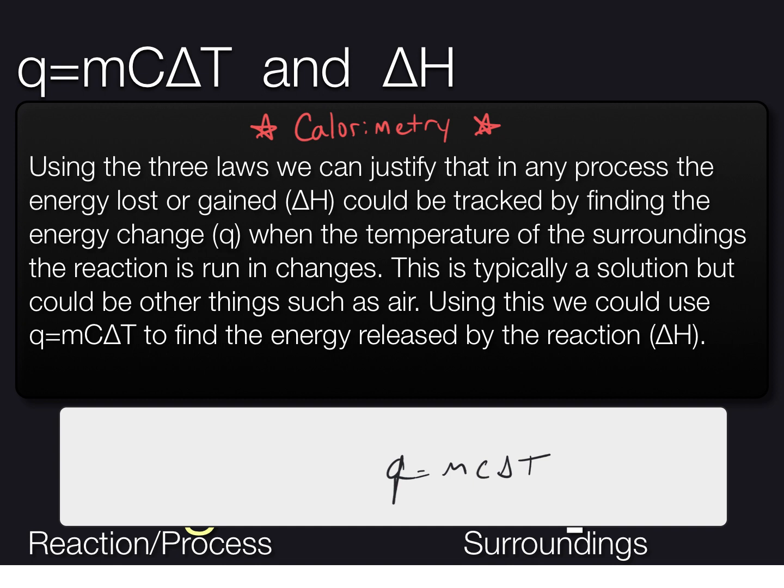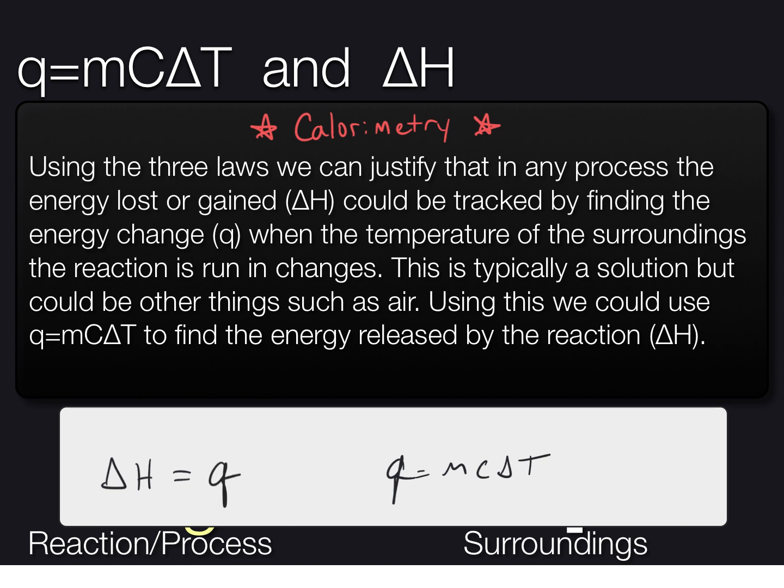And so if we can treat delta H and Q similarly, then in a situation where a reaction loses or gains energy, we'll call that delta H. Well, we know that the energy lost or gained by a situation is equal to the energy gained by the surroundings.